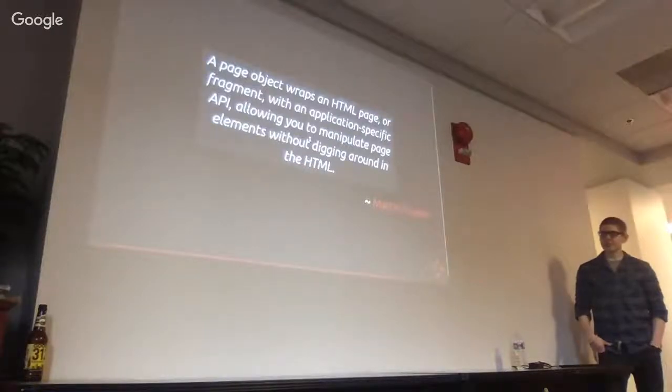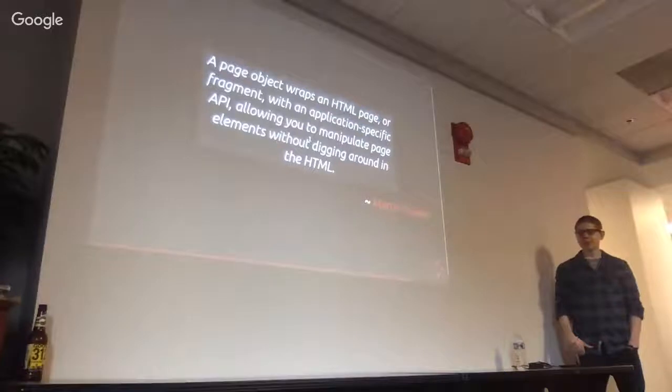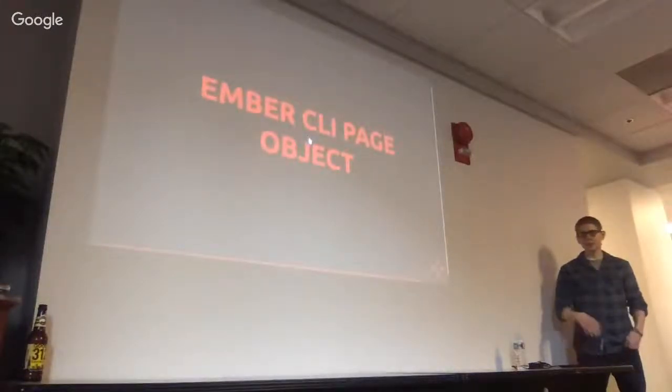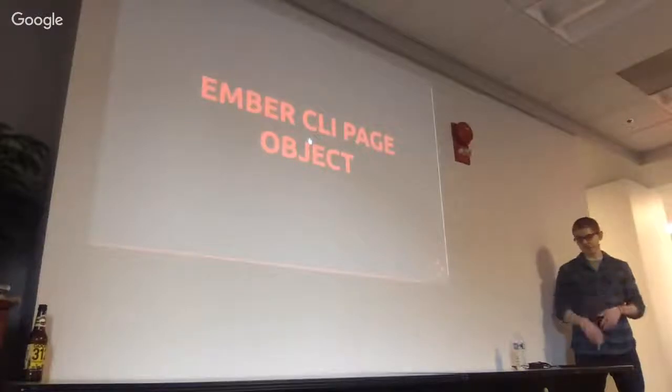So still a bit hand-wavy. I found that to really understand page objects, I had to use them a lot. But essentially, it's an API for acceptance tests. It's a way to have a separate test file that imports a page object and then uses that object for different functionalities.